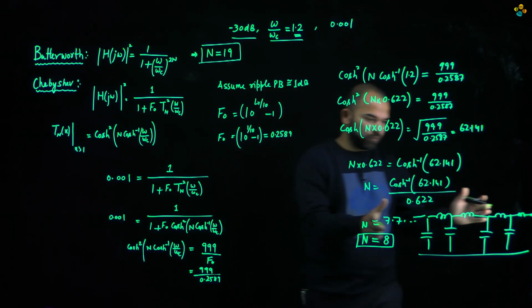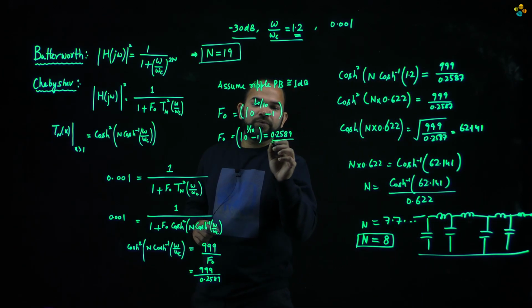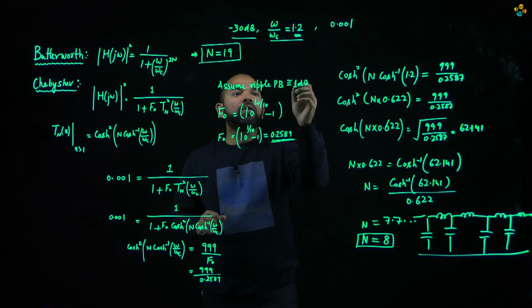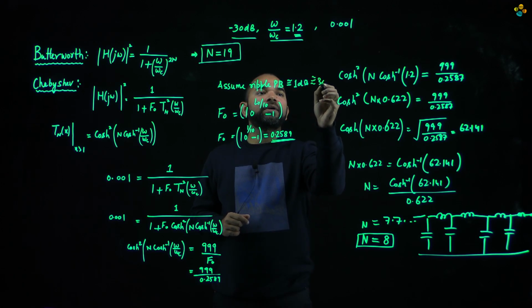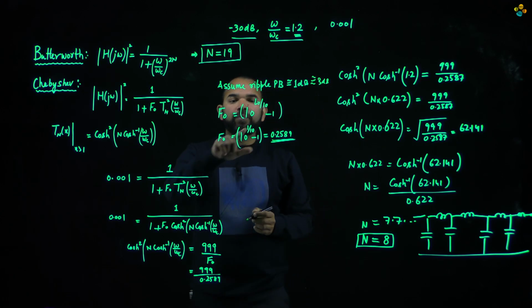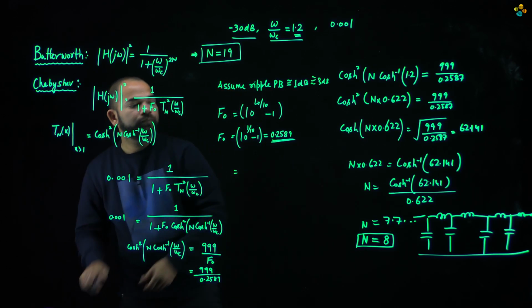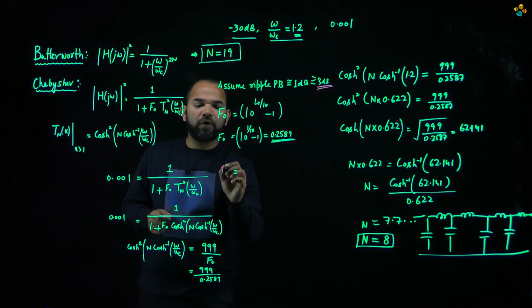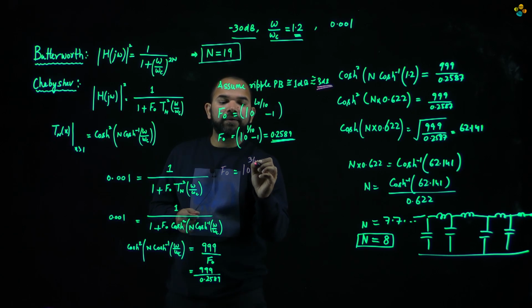We can further reduce this number based on this f0 value. How can we improve? So suppose this is only 1 dB. If we have a passband ripple factor of 3 dB, say, so if we put 3 dB here, what is going to change here? So let's have 3 dB. So f0 becomes 10 to the power 3 by 10 minus 1.